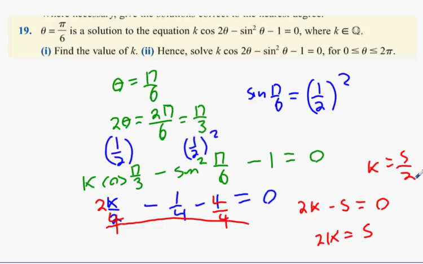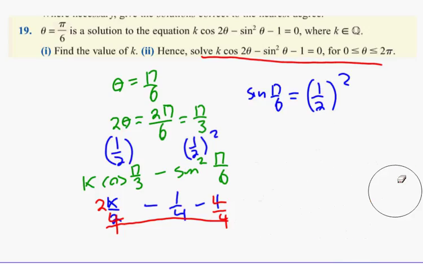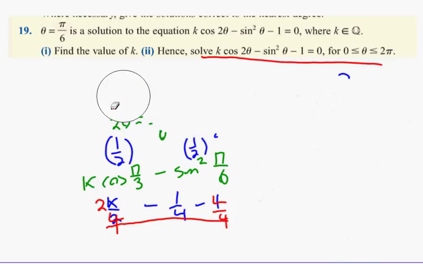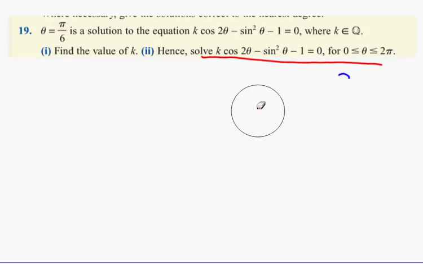Okay, so look, that's a difficult question if you haven't seen it before. Now, what's it saying next then? Hence, solve that, isn't it? Now, we're talking about solving something like this. There's a small problem with solving something like this.